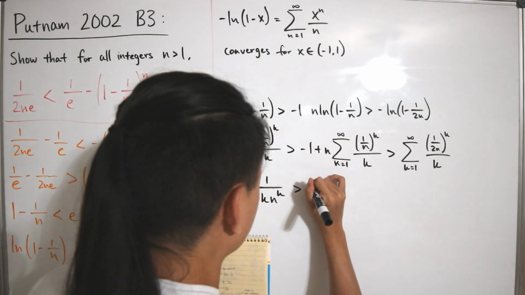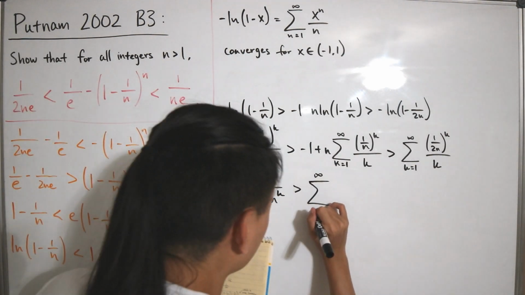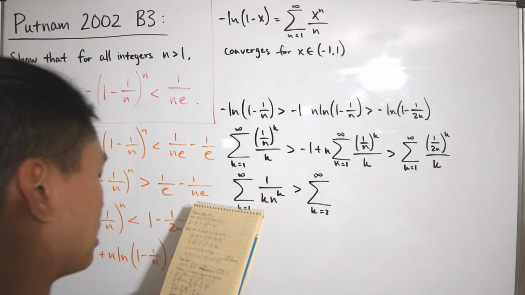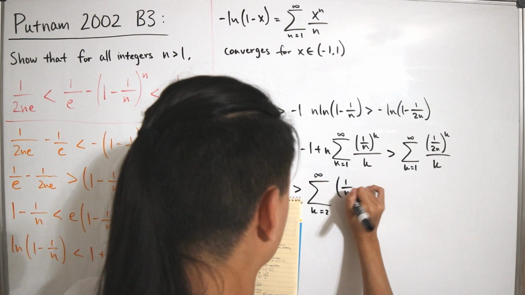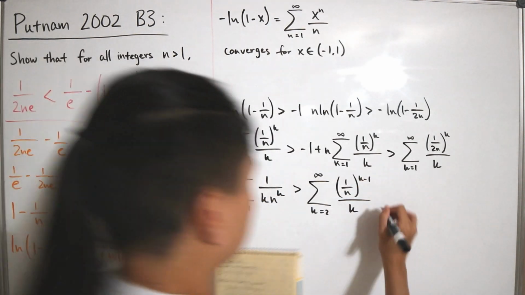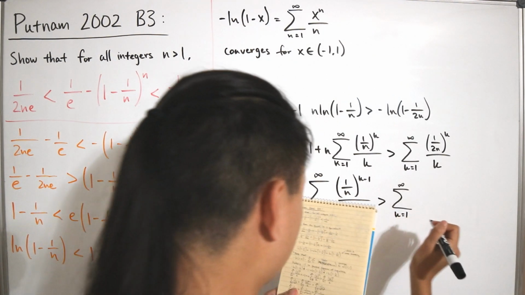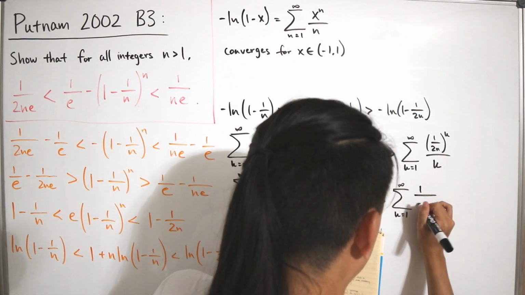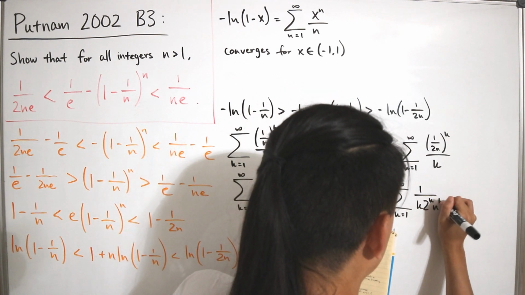I'll just save you the work; if you want to verify this yourself, go for it. So we have k equal to 2 for the index of 1 divided by n to the power k subtract 1, divided by k. Then this is greater than the infinite sum over here, k equal to 1 of 1 divided by k times 2 to the power k, multiplied with n to the power k.